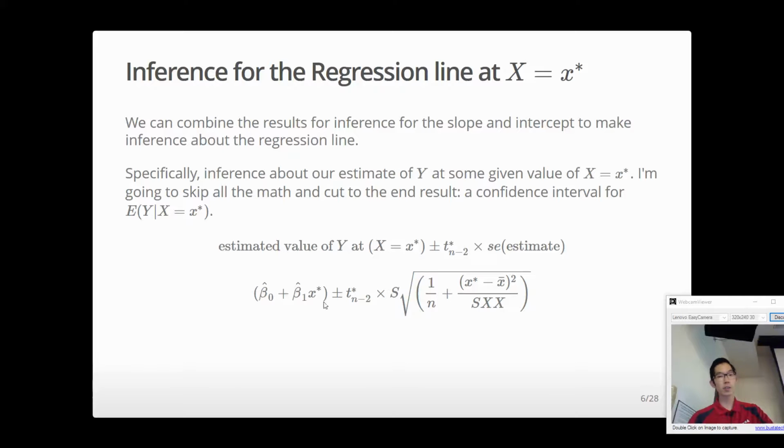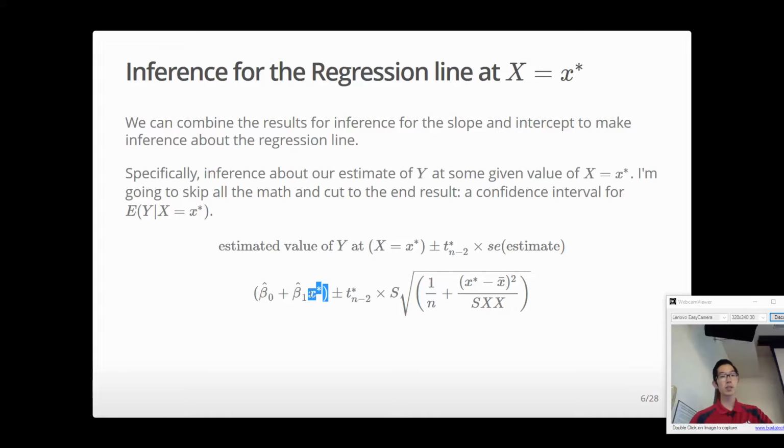Our estimate of y at x equal to x star is this quantity, the value of the fitted line at x star: beta 0 hat plus beta 1 hat times x star.